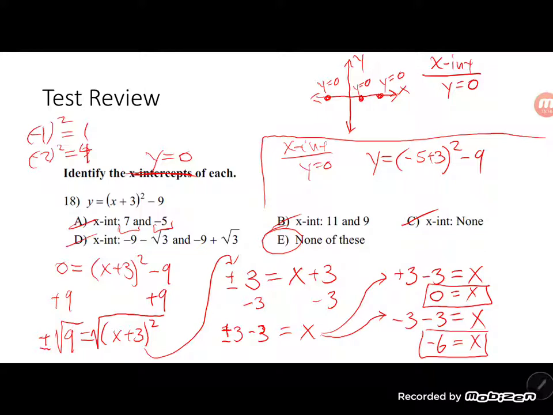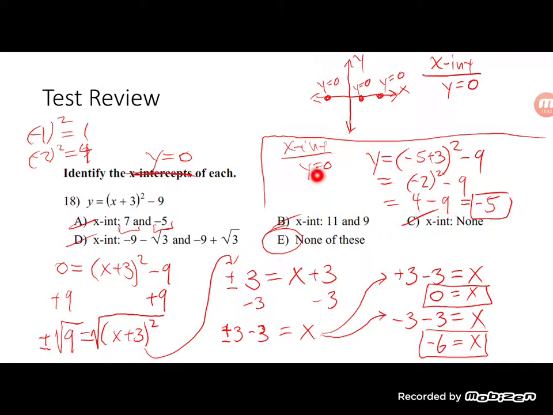Now I have to calculate this. -5 plus 3 is -2, squared, minus 9. -2 squared is going to be 4, minus 9. 4 minus 9 is going to be equal to -5. So I see that plugging in -5 gave me y is equal to -5.